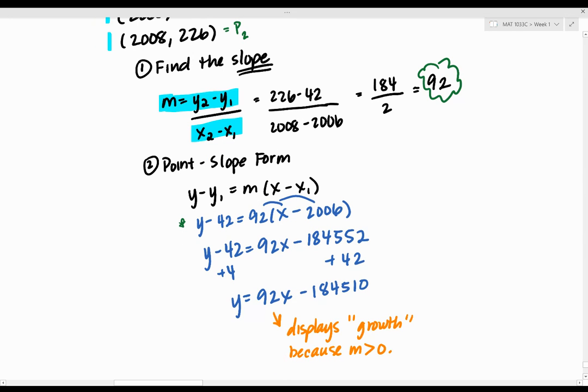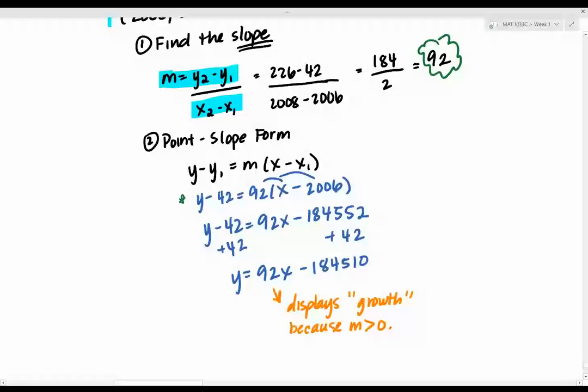So I distributed the 92 to everything that was in the parentheses, and then I added 42 to both sides of my equation. And when I did that, I get y equals 92x minus 184,510,000.